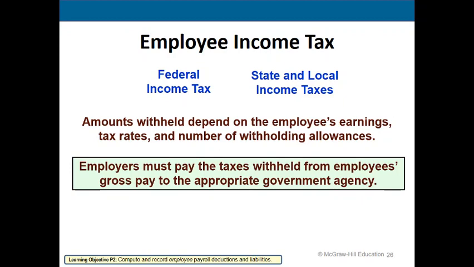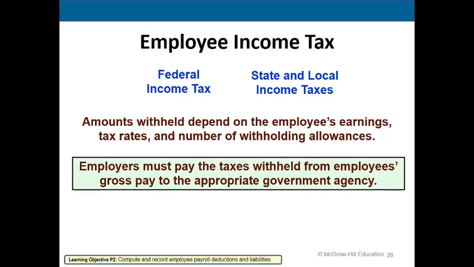And the amounts withheld depend on several different things: the employee's earnings, their tax rates, and the number of withholding allowances for each, well, the taxpayer, spouse, and each dependent. And so there are tax tables built into the software that companies use for payroll to figure out these amounts that have to be withheld.